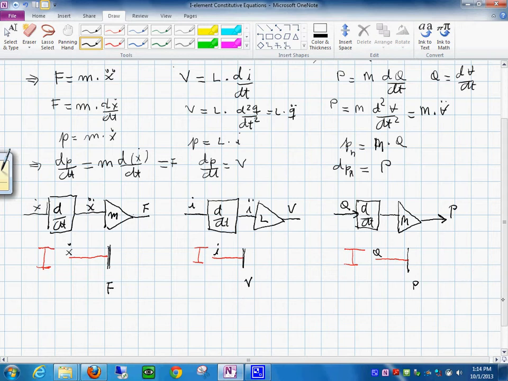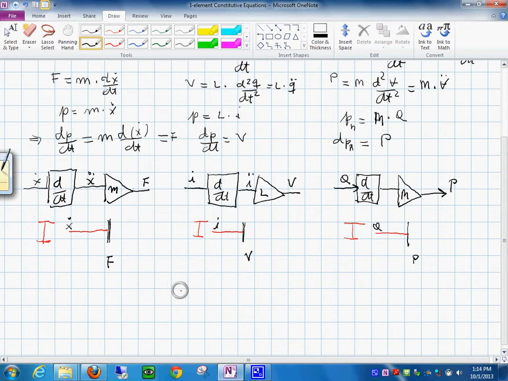But if we use it in generalized notation, now we are going to say that, let's do it in red, the I in this case is going to be E, and this is going to be F. This I over here, E and F. Do you see? The element looks the same, but the units are different. Yeah?